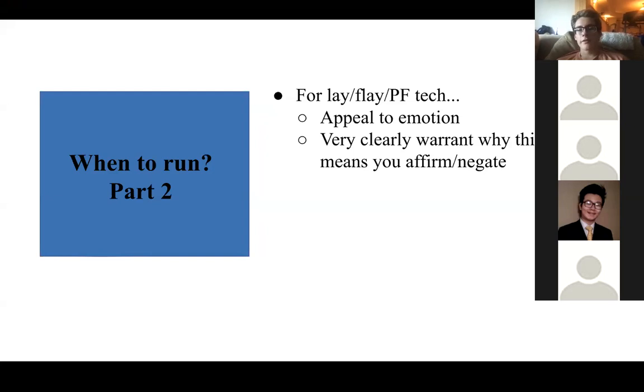Additionally, you should very clearly warrant why this critique means that you affirm or negate. This is something that is oftentimes absent in critiques that are written up in Lincoln Douglas and policy. There's not a super clear role of the ballot, where it's like, if you believe that Orientalism is such a bad thing, the affirmative has presented an Orientalist case in XYZ way, you need to reject this and vote negative if you would like to see a community that evolves in ZYX way.